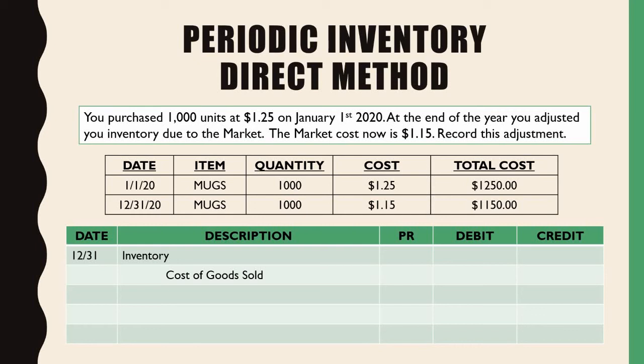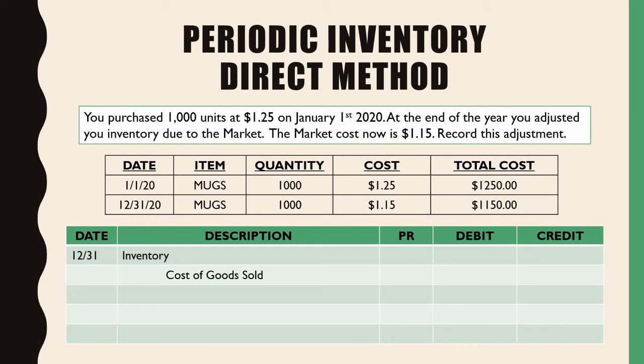Okay, so this is assuming this is periodic inventory, right? You know how you do your inventory adjustment at the end of the day. Once you do that at the end of the day, right, we have to increase our inventory, and then we have to increase our cost of goods sold. In this case, we're going to shove it all out and cost it out into the cost of doing business.